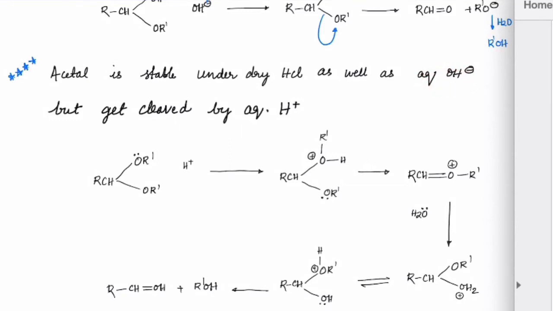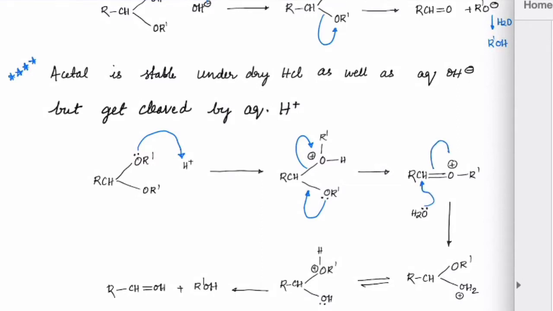How? Let us see first with aqueous H plus, because in aqueous H plus it will make cleavage. First the lone pair on RO dash will attack here, you will get protonated here. Once the protonation is done, the lone pair here will make a double bond. This group will leave. So we will get RCH double bond O R dash. Water will again attack on carbon.